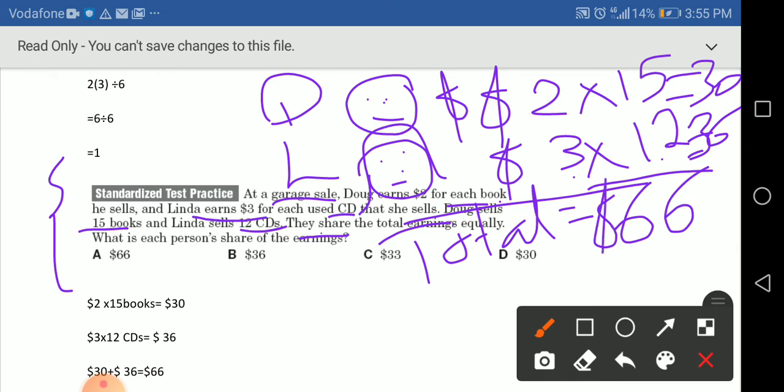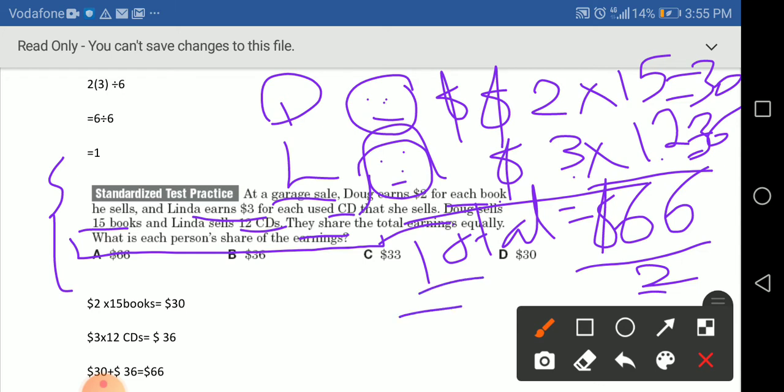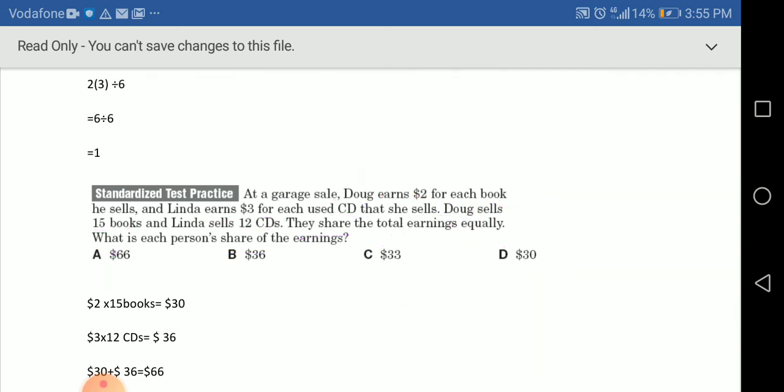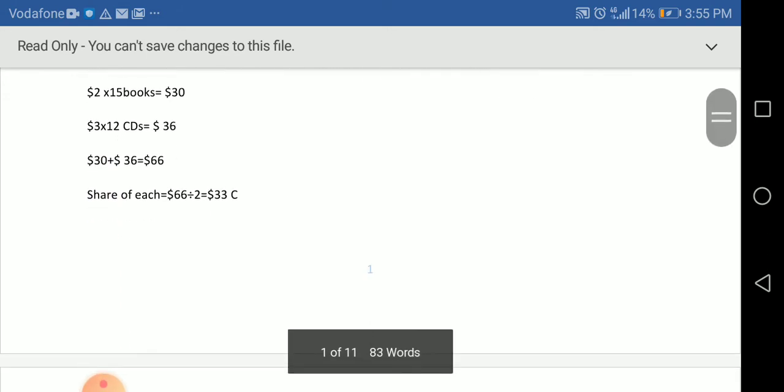And the question is: what is each person's share? So I divide the total between the two of them: 66 divided by Linda plus Doge. Each one will take $33, as they share the earnings together at the end of the day.